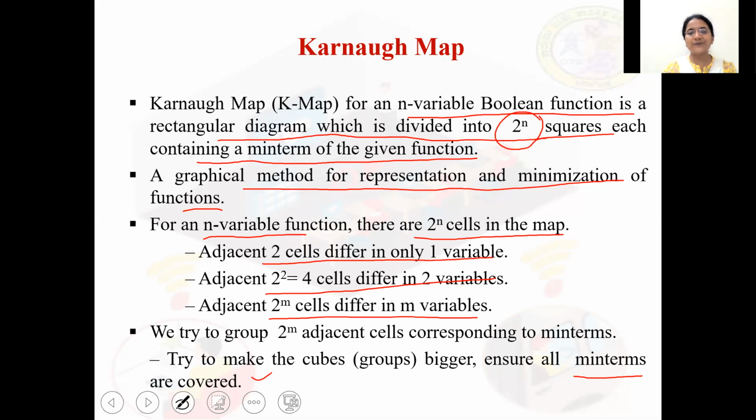Adjacent 2 cells differ in one variable, adjacent 4 cells differ in 2 variables, and adjacent 2 power m cells differ in m variables. And the first thing we have to do is make the largest groups possible. First we have to check for 8 cells. Can we group 8 minterms? Next we have to check for 4 minterms, and next for 2 minterms.